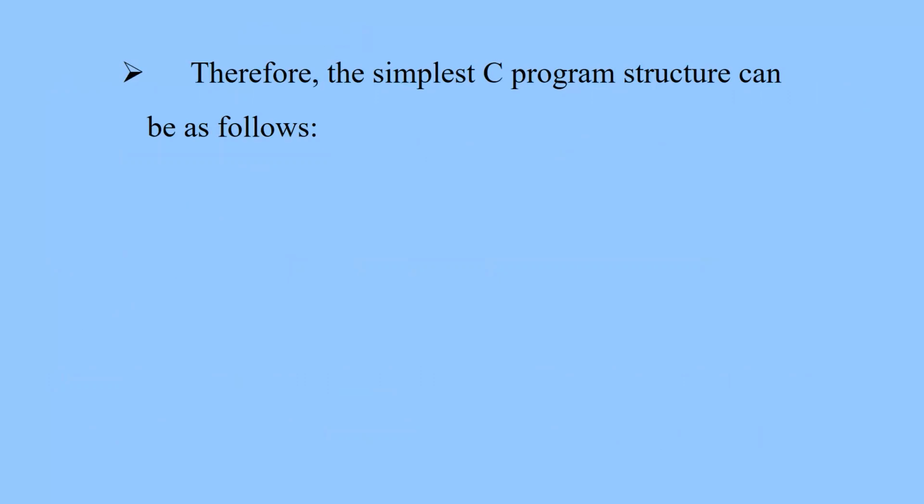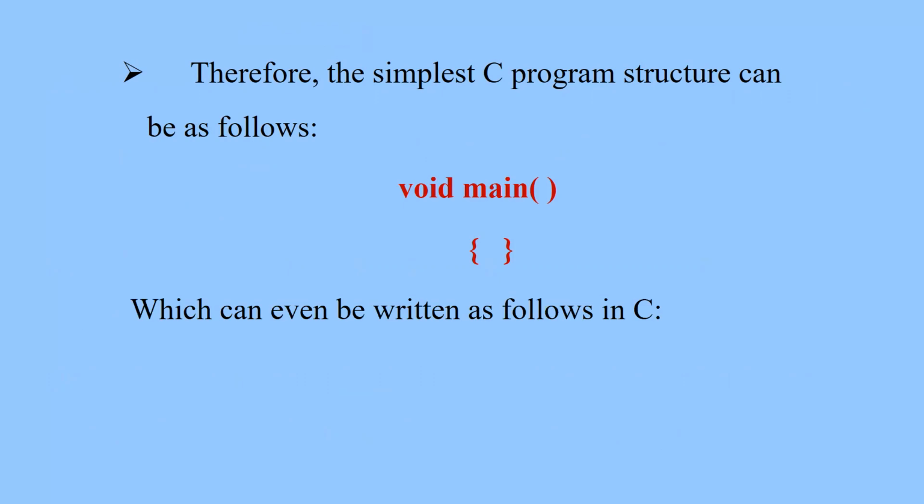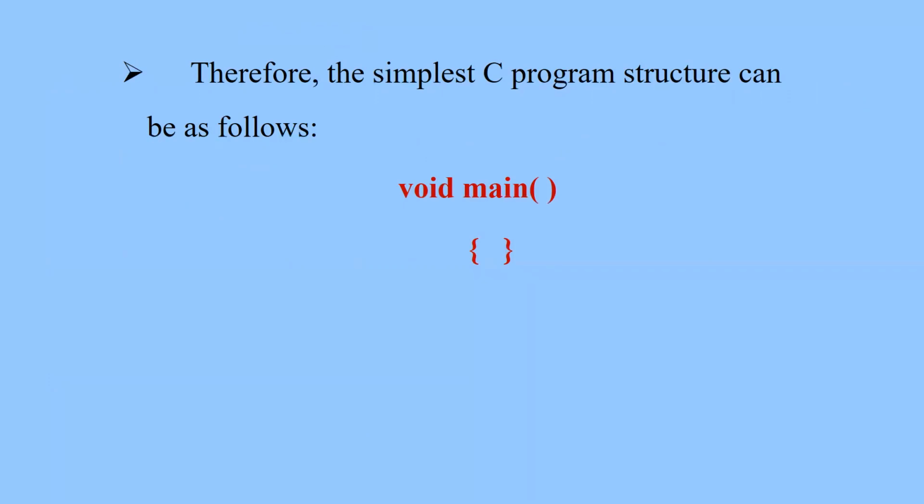Therefore, the simplest C program structure can be as follows. This is our simplest C program: void, main, then we have our parentheses there, and our left and right braces without anything else. So that's a complete program in C. But what is this program doing? It is doing nothing. What it just contains is the main function. The function is not receiving or returning anything.